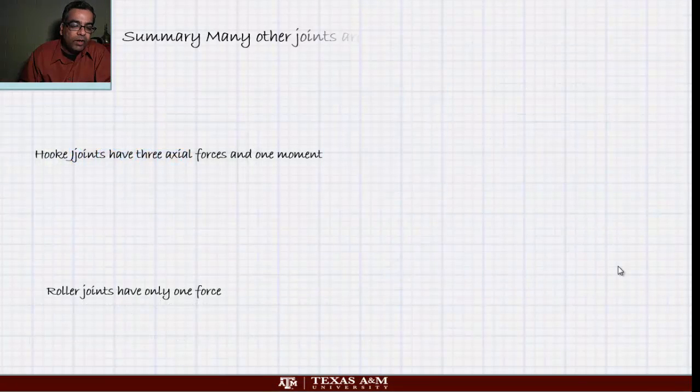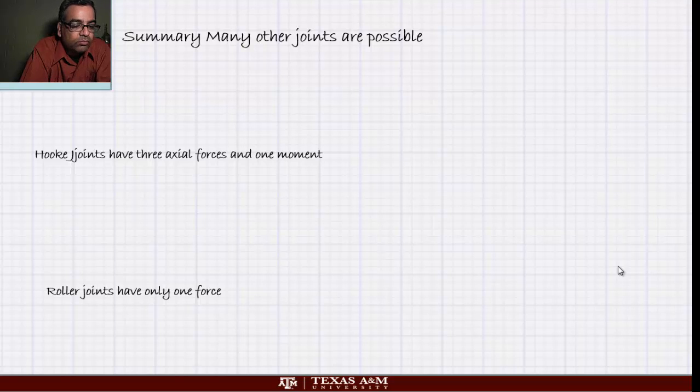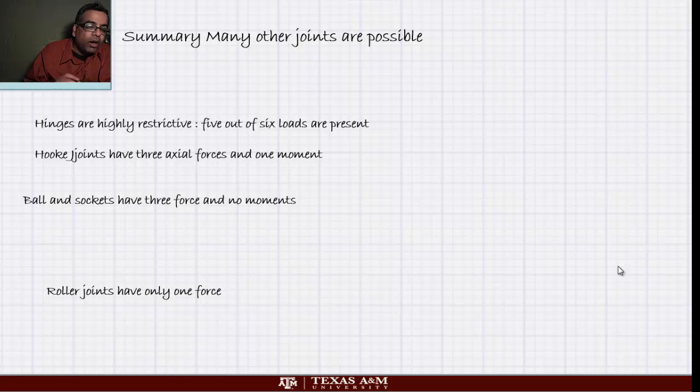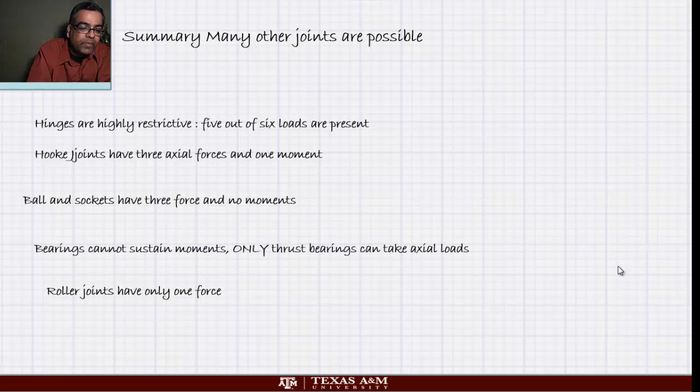Okay, very good. So we are done. There are a vast number of joints. So let's see. First thing is, hinges are highly restrictive. 5 out of 6 loads are present. Hookean joints, 3 axial forces and 1 moment, 4 out of 6. Ball and socket joints, 3 forces and no moments, 3 out of 6.